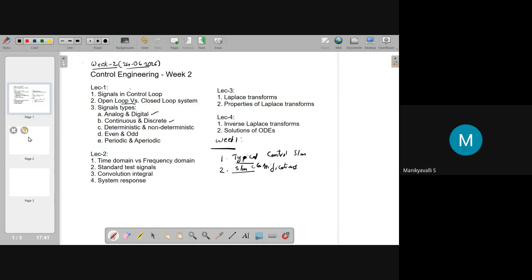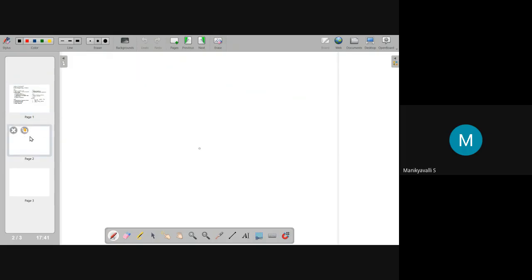Typically, a control system will have a plant, right? This is the plant, and from this plant you will have an output. This is the plant response. Now here you will give some input to this plant, let us say U of t.